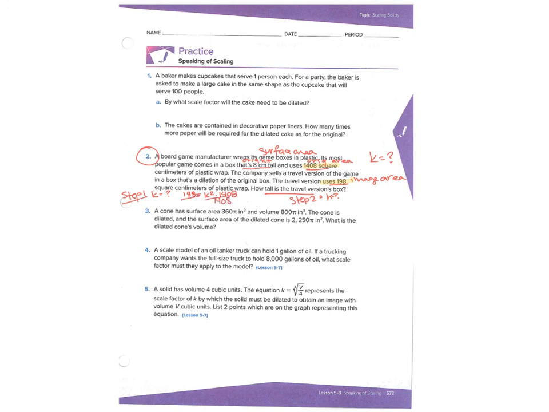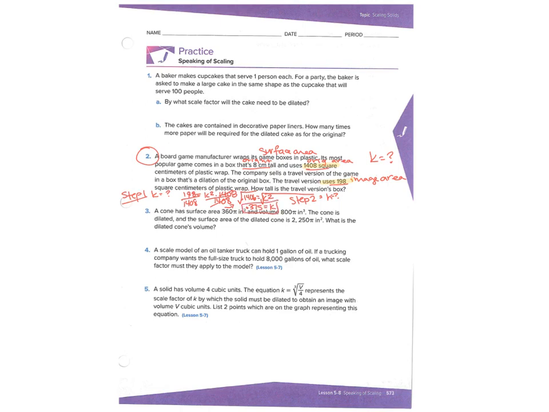I'm doing this to get my k squared isolated. So my 1,408 cancels on the right. When I do my division, I get 0.1406. Now I've run out of room, so I'm going to move this just over. So when I do my division, I get 0.1406 equals k squared. Now I'm going to solve for k by taking the square root of both sides. And when I do that, I get 0.375 for k.